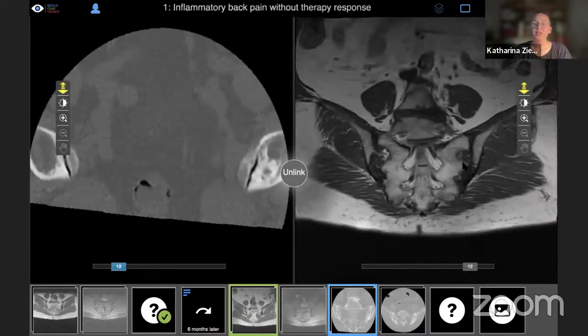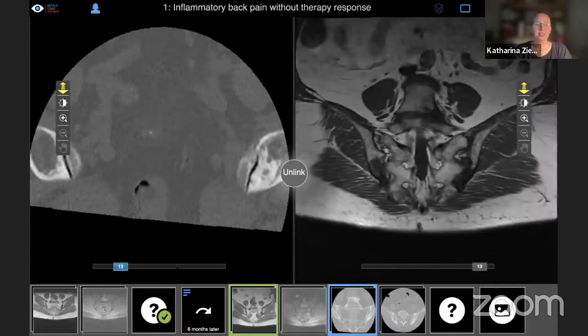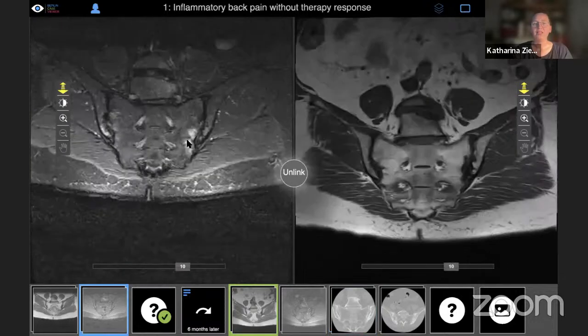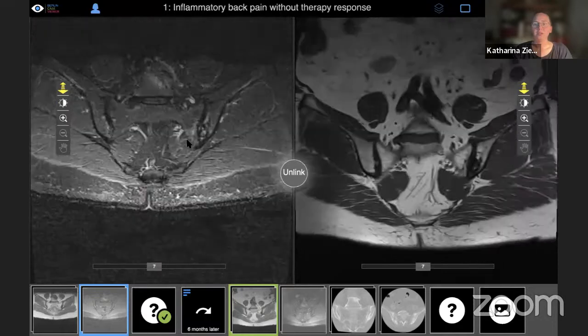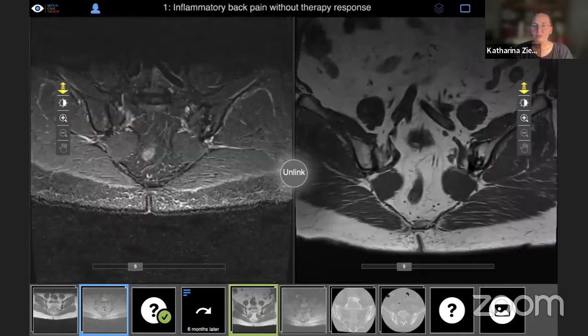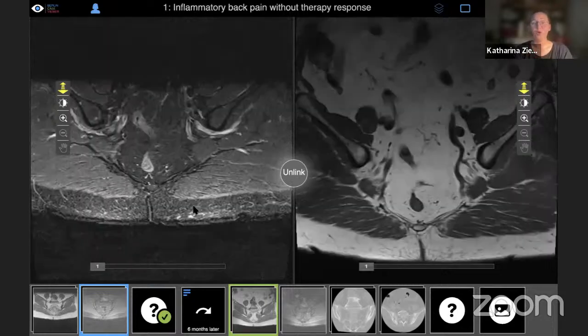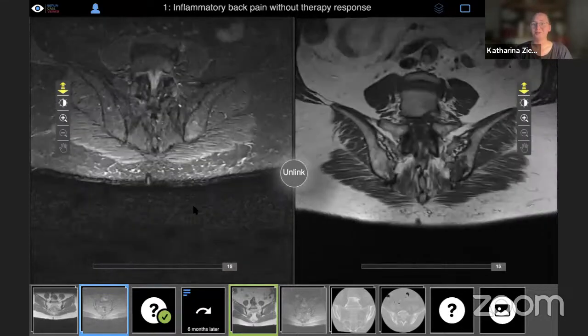So if we find something that is low signal on any MRI sequence, then we can say this must be sclerosis. This, for example, would be an area of sclerosis. You see this bit here and right here. There's no signal. That is sclerosis. It has the same kind of signal as cortical bone does. So look out for that.